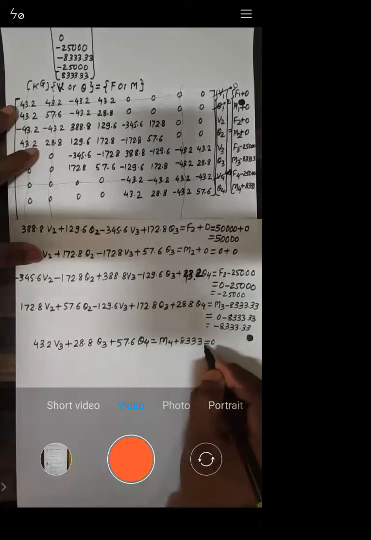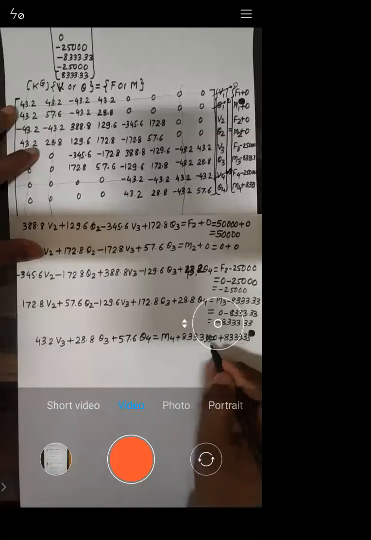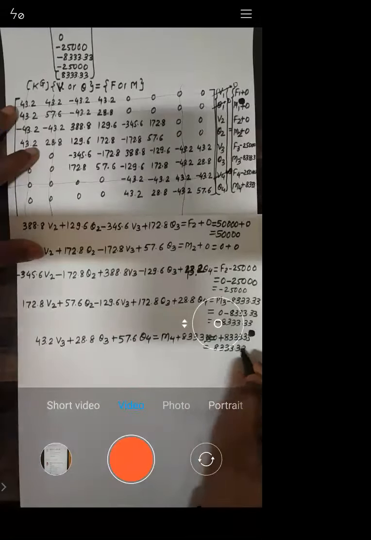This is 0. So this is equal to 0 plus 8333.33. So this will come as 8333.33. Now let me know how to solve all those equations.